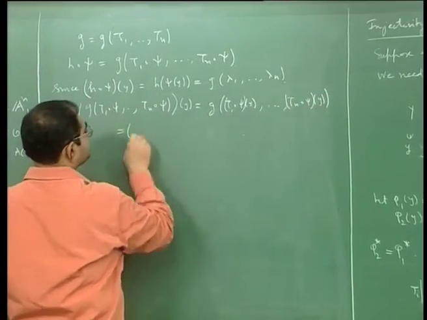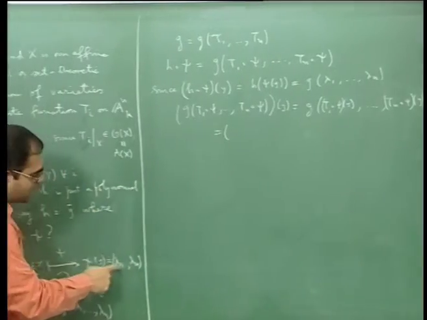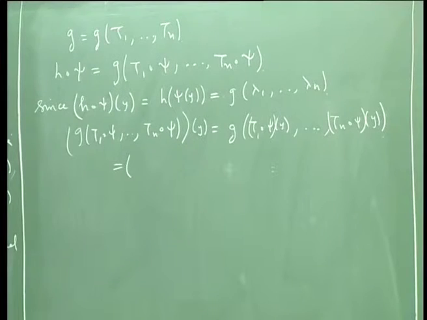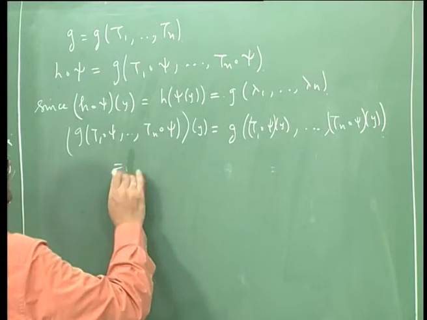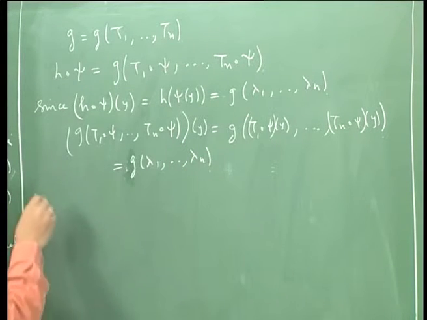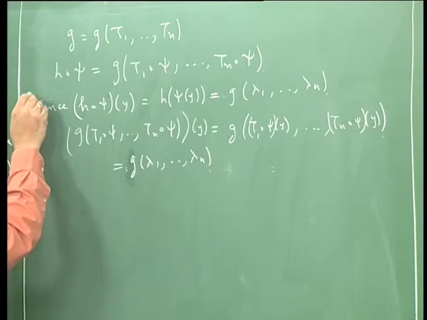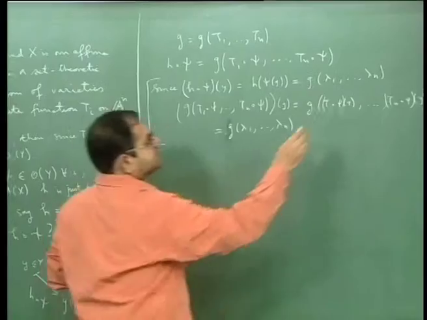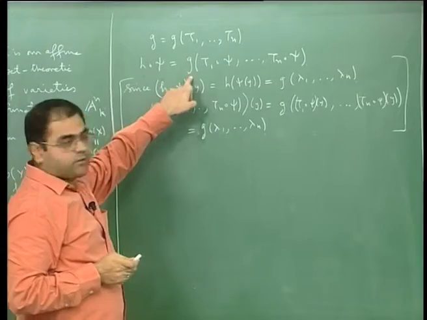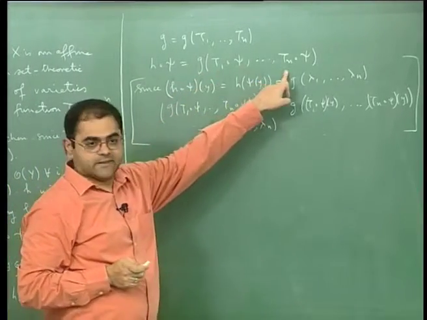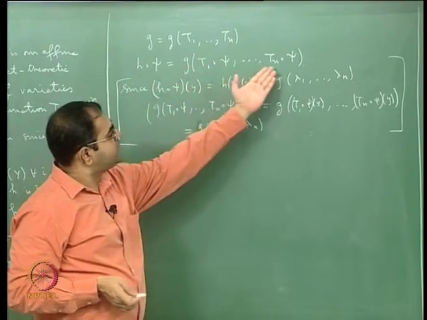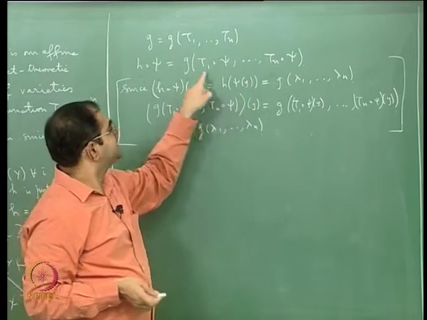But then psi of y is the point lambda 1 through lambda n, and if I apply Ti to that I will get lambda i, so I will simply get g of lambda 1 etc lambda n. So this calculation tells you that H circle psi is just a polynomial in the Ti circle psi. So what is H circle psi? It is a polynomial in these functions.